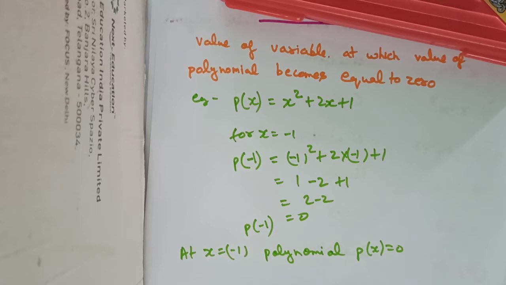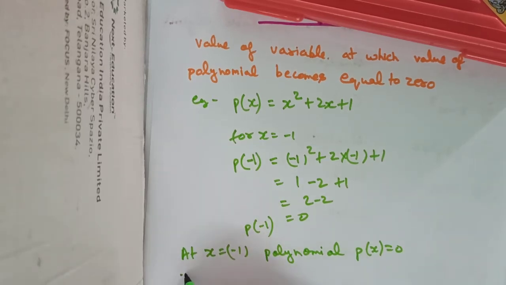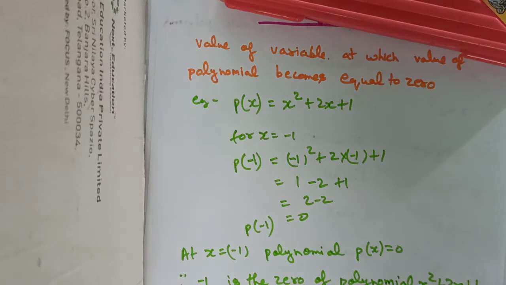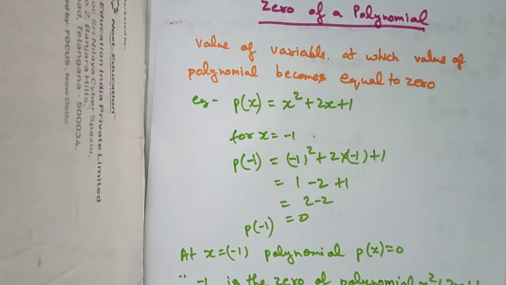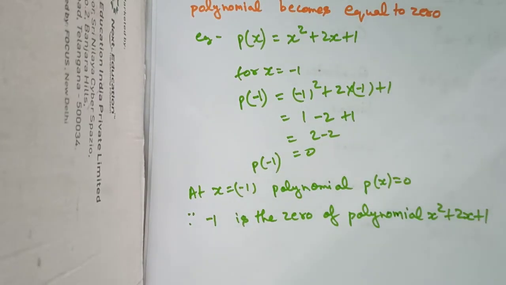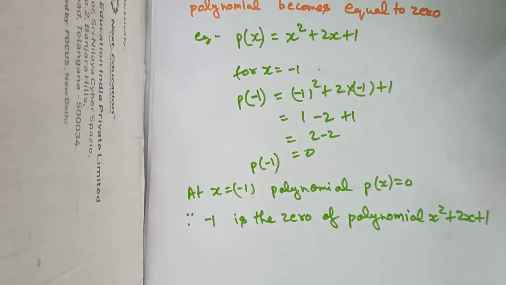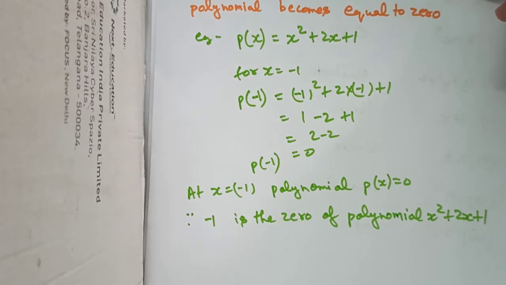So we say that minus 1 is the zero of the polynomial x square plus 2x plus 1.